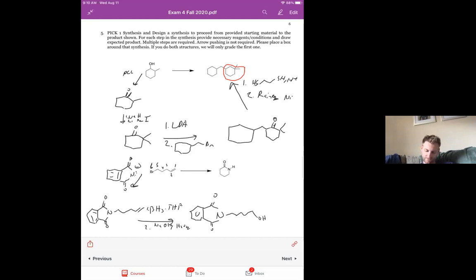We could oxidize this with chromic acid.